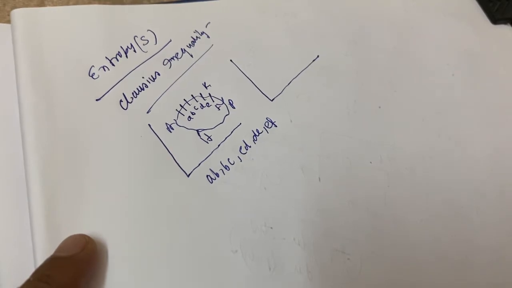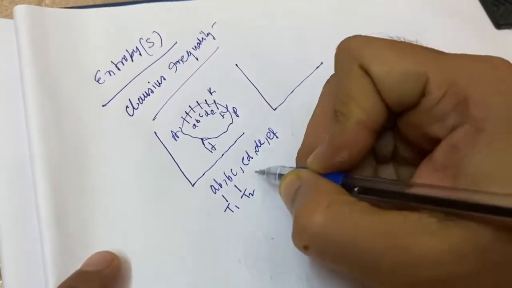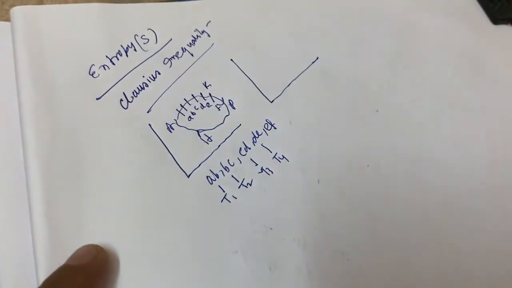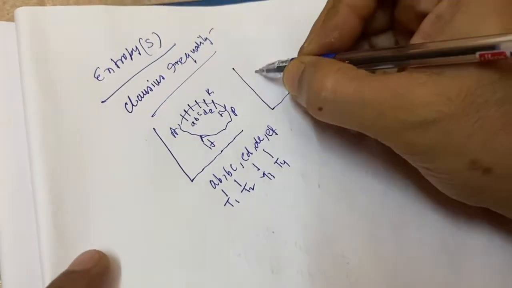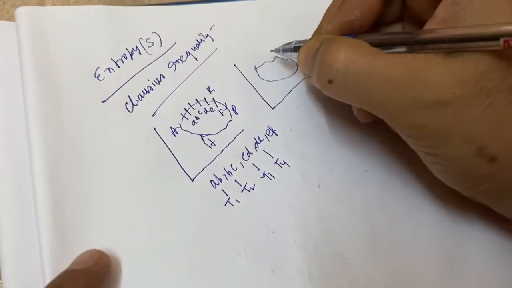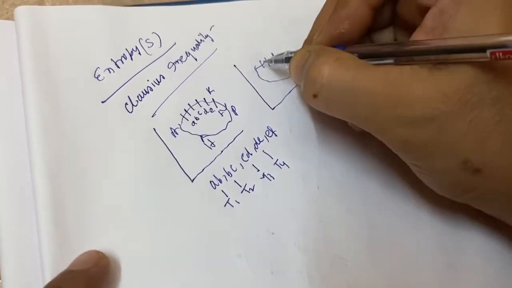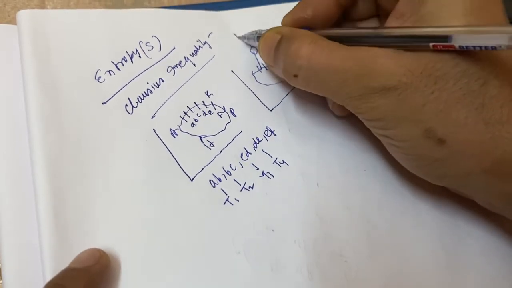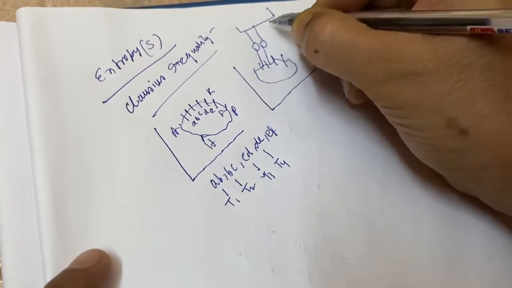In the AB process the temperature is T1, this is temperature T2, this is T3, this is T4, and so on. Now let me draw it first.